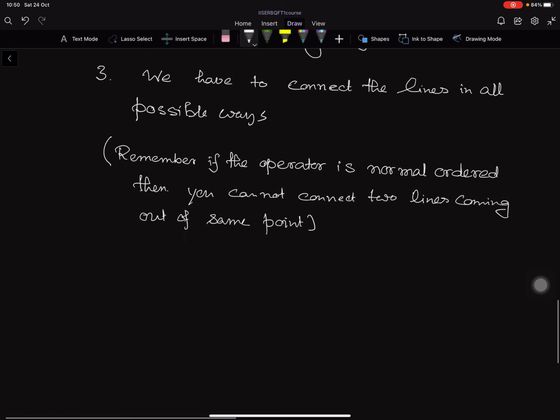Okay. Now, fourth is that every line corresponds to Feynman propagators, but now Feynman propagators in frequency space.